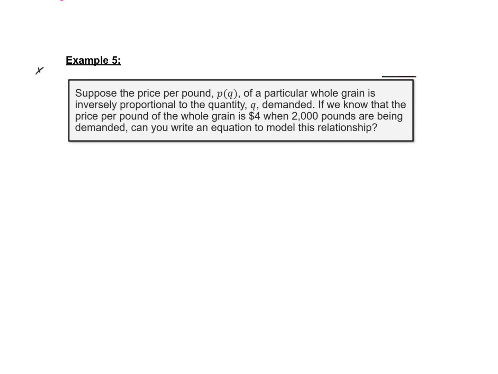All right, let's see how we did. So it says, suppose the price per pound, P of Q, that's a Y value, is inversely proportional, so I need a K, over the quantity demanded, so that would be Q. Right? So there's the start of my equation. To write the equation, which is what it's asking me to do, I just need to find K. All right? So hopefully they've given me a point that I could plug in to help.